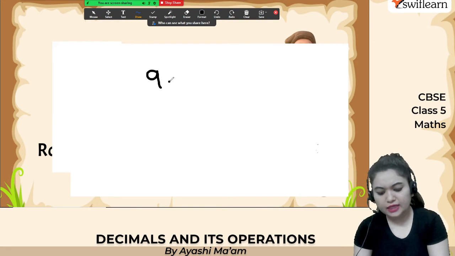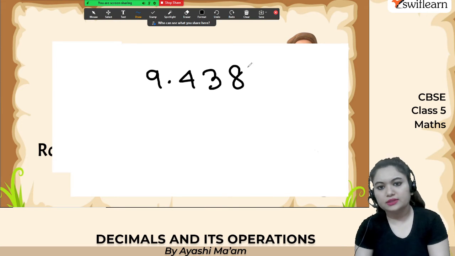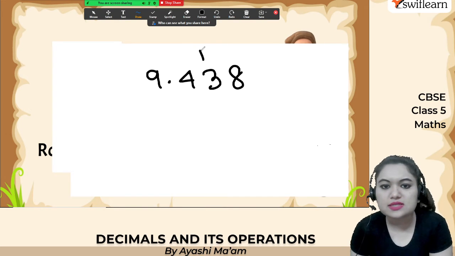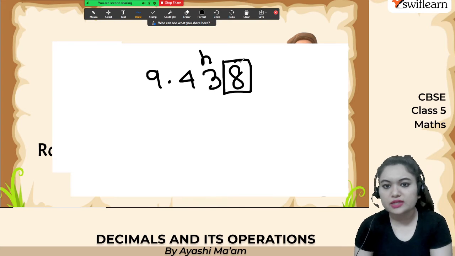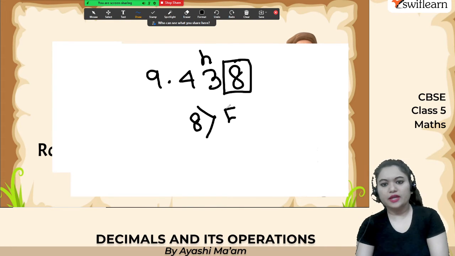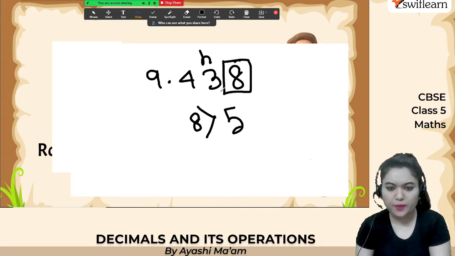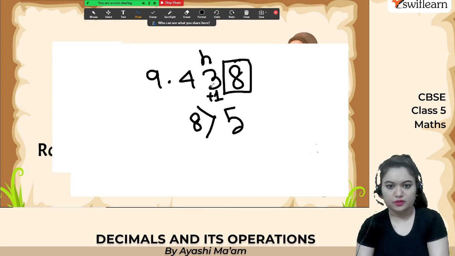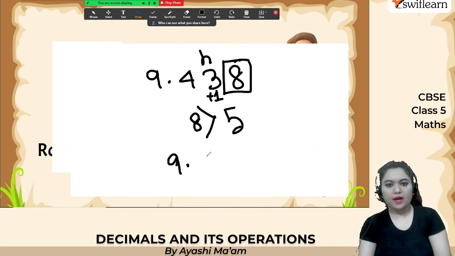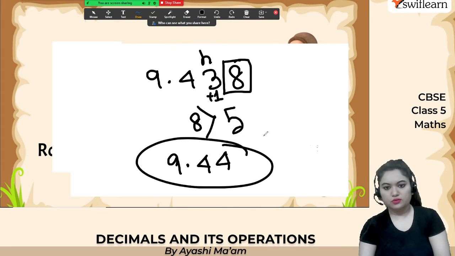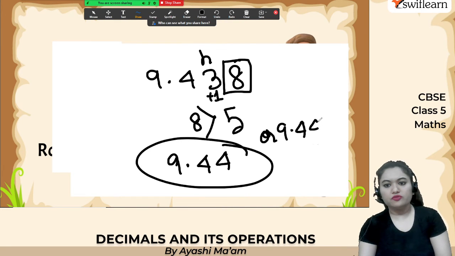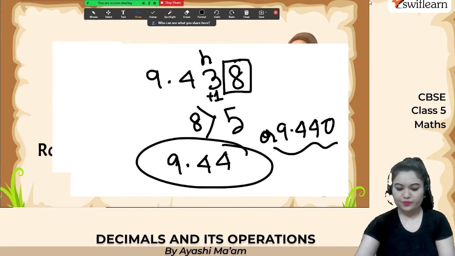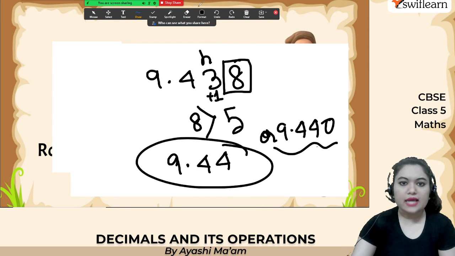Suppose we have 9.438. Our hundredths place is this one. The digit next to it is 8. 8 is greater than 5, so we will do a plus 1 to this 3, and it will become 9.44, or 9.440, whatever you want to write. All right, done. Next, take another example.